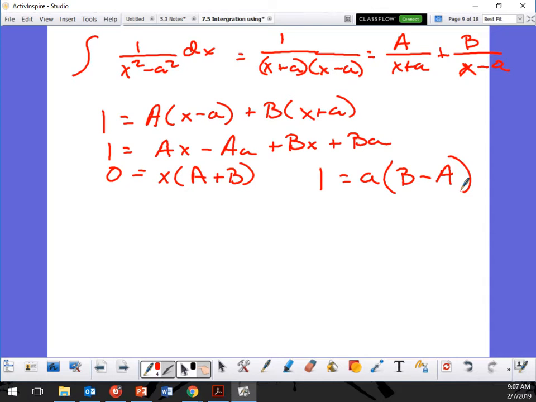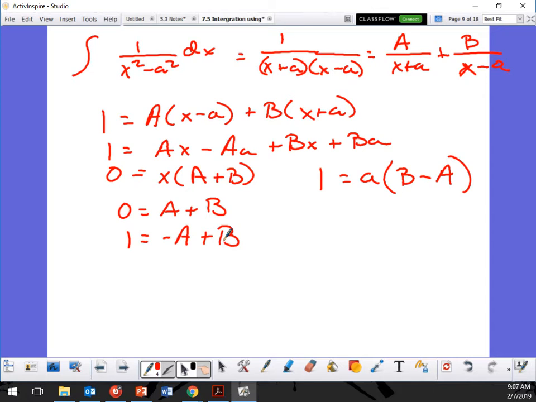Now I'm going to clean this up, because I just broke them up according to my degrees. So now it's 0 equals A plus B, and 1 is equal to negative A plus B. I just rearranged it so it'll fit nice and clean.